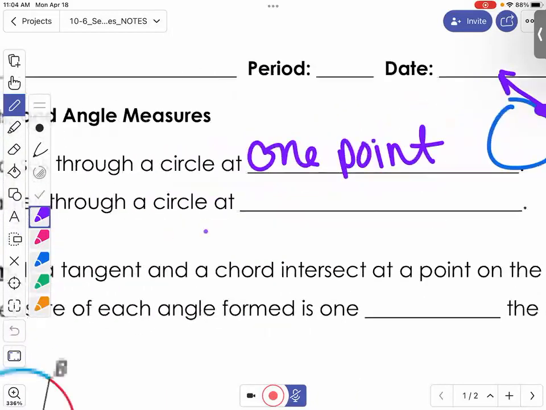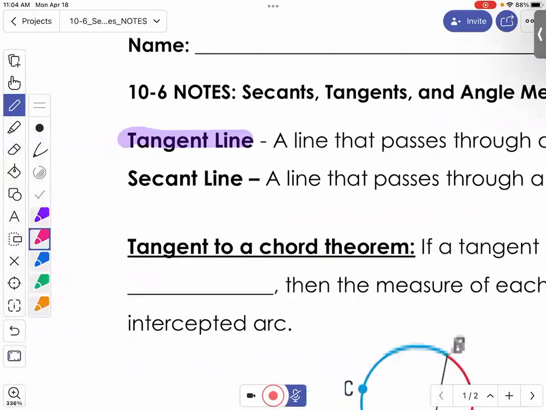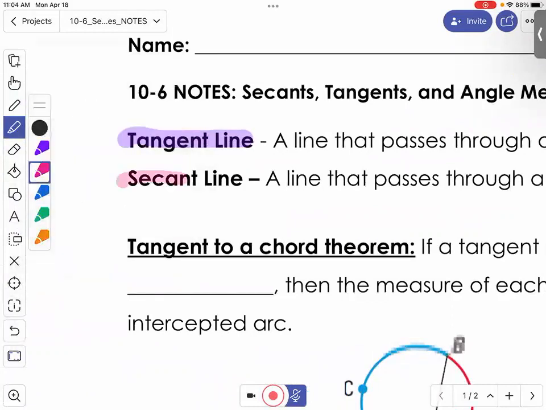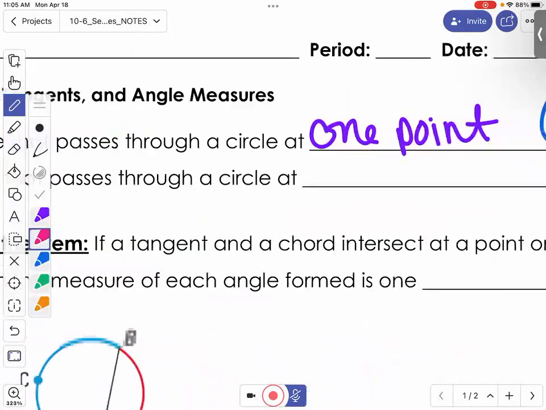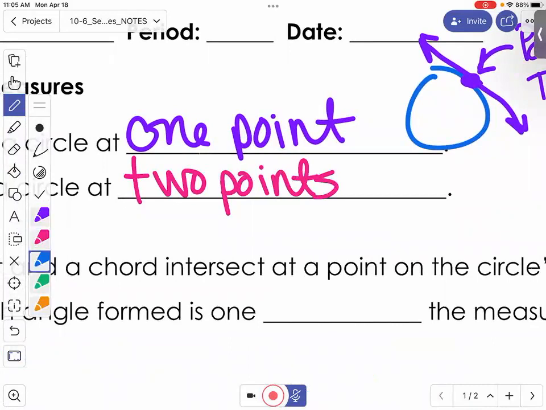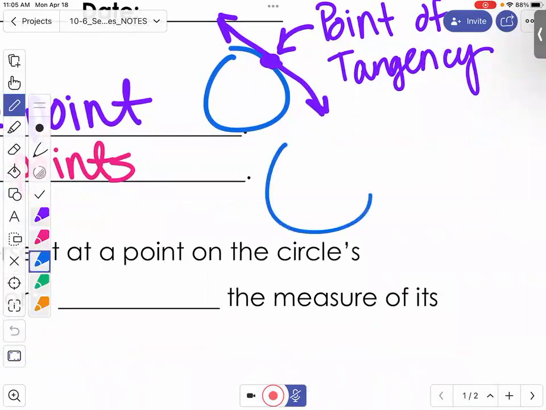Now, our other special type of line that we have in our circles is called the secant line. And this one says a secant line is a line that passes through a circle at 2 points. So with that same idea, if I have my circle, the tangent line will pass through it once, the secant line will pass through it twice.